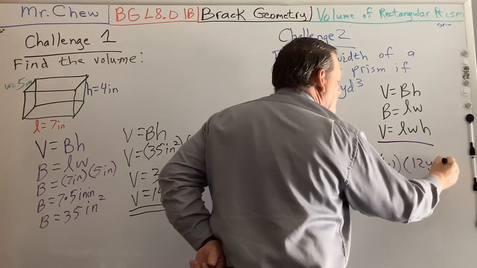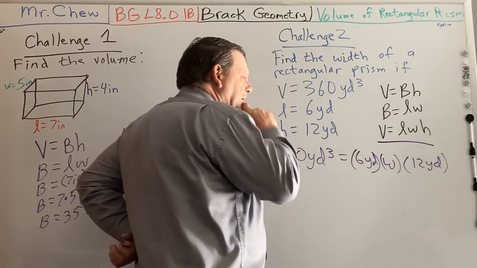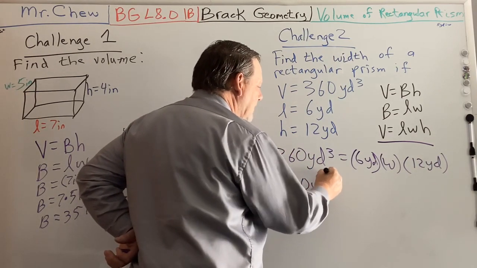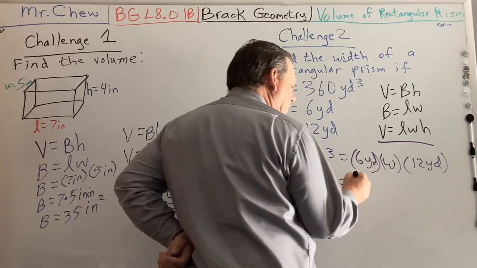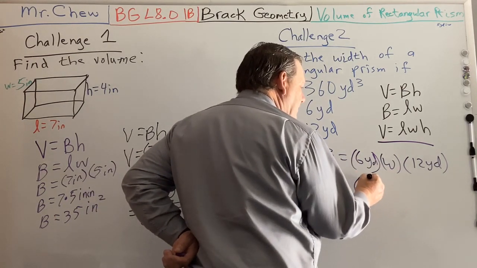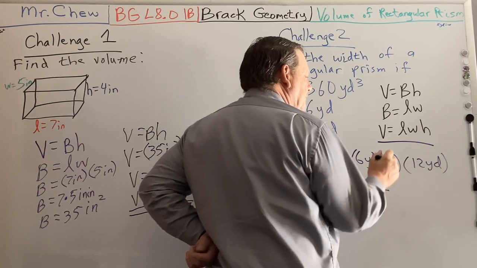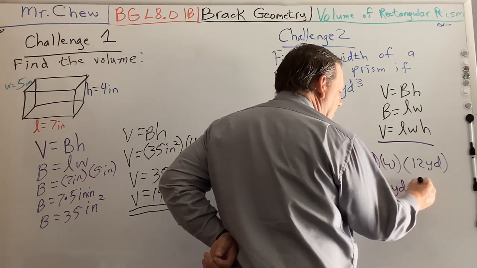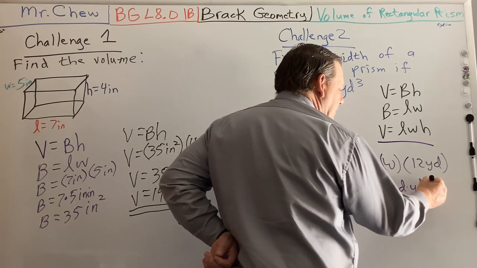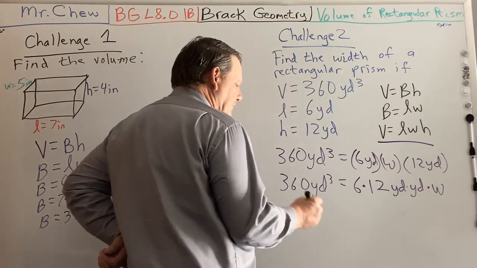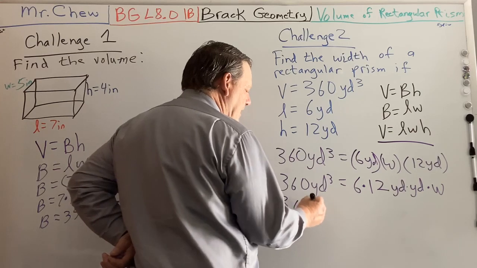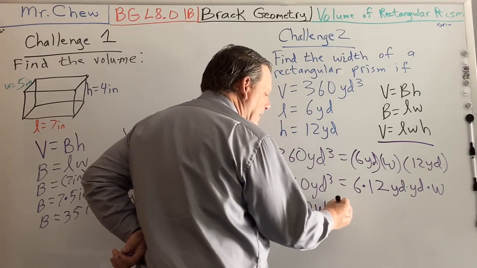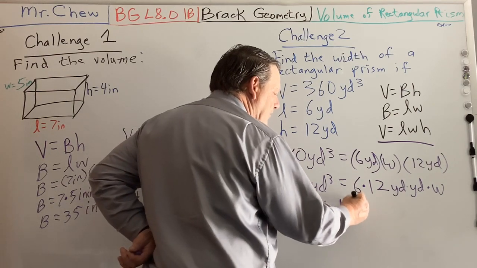So I can rewrite this again and use the commutative property of multiplication to get my two numbers together. And then I'm going to get my yards times my yards, and then there's a W here on the end. So this is 360. Now I'm going to write this as yards times yards times yards, just so that you can see the canceling.